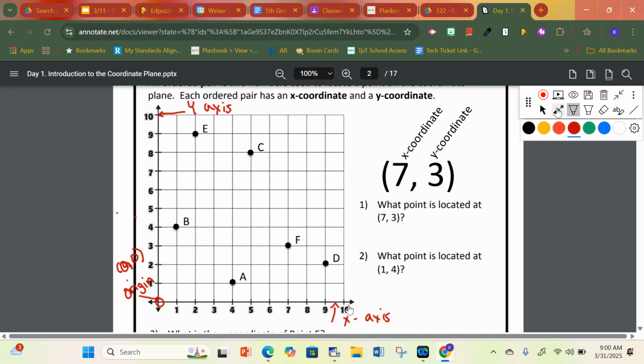All right, we're going to talk a little bit about how we locate points on our coordinate plane. So right here, these are our coordinates. And always, always, the x is labeled first and the y is second.